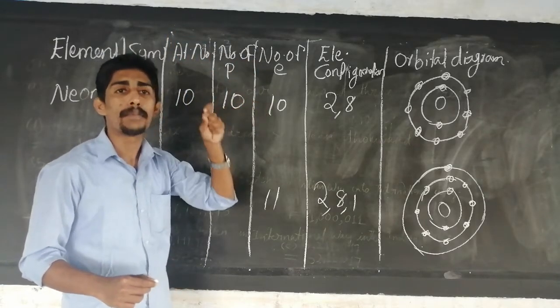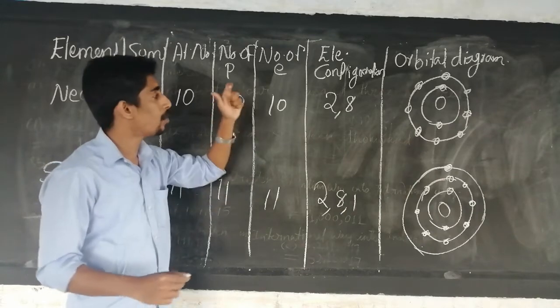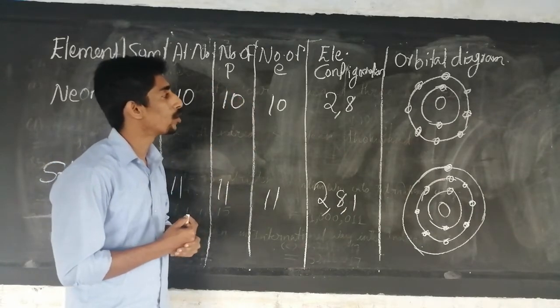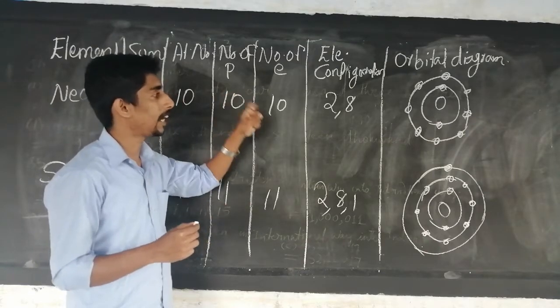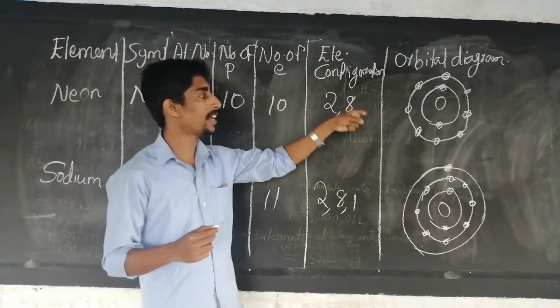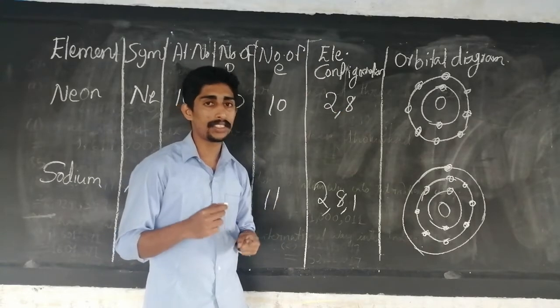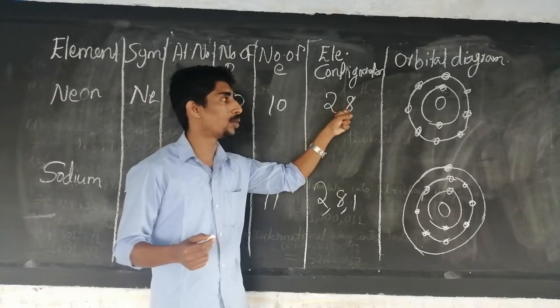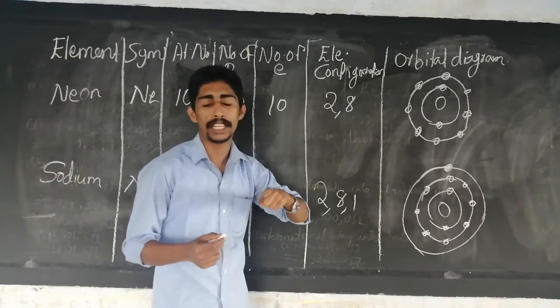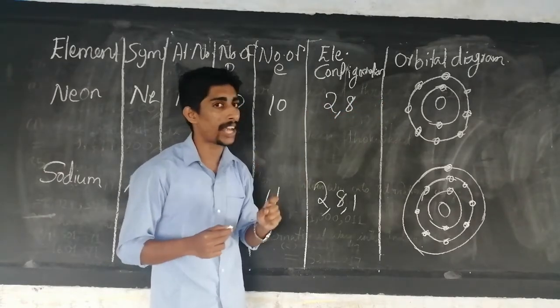Among those 10 electrons, first two electrons will go to the first shell, K shell. Then the remaining 8 electrons will go to the second shell, means L shell. So the electronic configuration will be 2, 8, and we studied how to draw the orbital diagram.